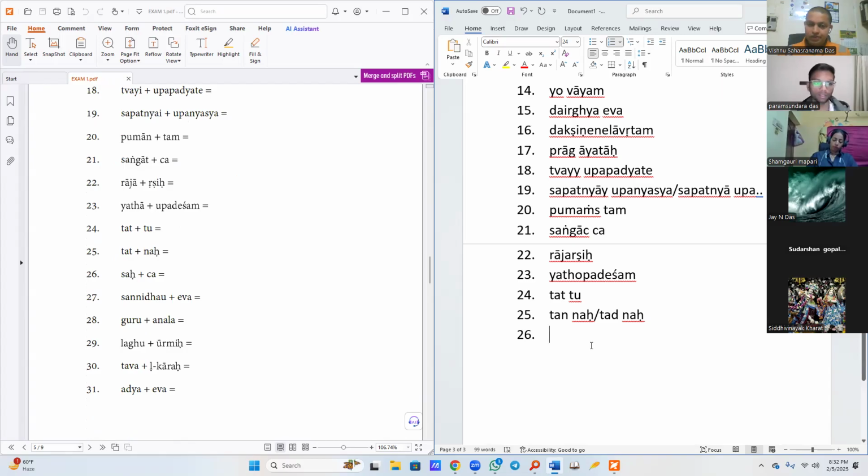Then 26. Sahacha becomes Sacha. Sannidhau eva. Sannidhau, O becomes Av: Sannidhav eva, and optionally Sannidha eva. Prabhu, how is Saha? This one is not Sas, because of Esha Sa Paro Vishnu Jane.